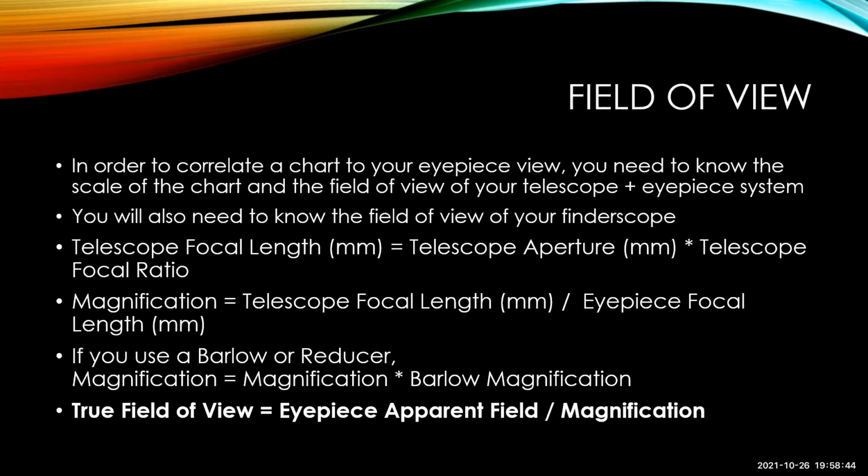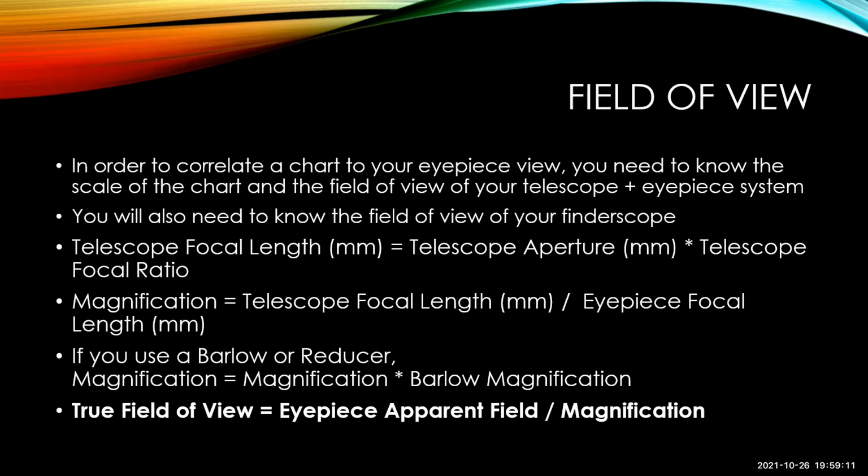Don't say an 8-inch telescope and a 32 millimeter eyepiece. That won't work. Let's all work in millimeters, or inches if you have to, but millimeters is easier. If you use a Barlow lens, then you just multiply the magnification by the Barlow magnification, and that'll give you the total magnification of your optical system.